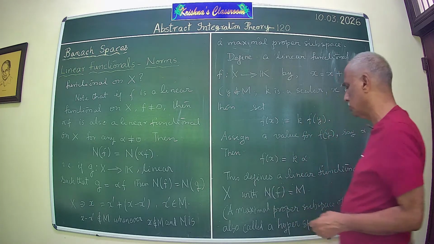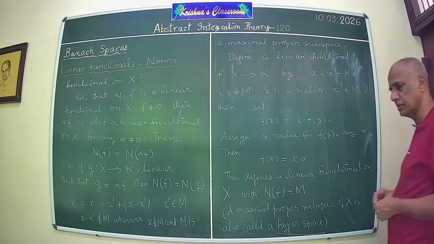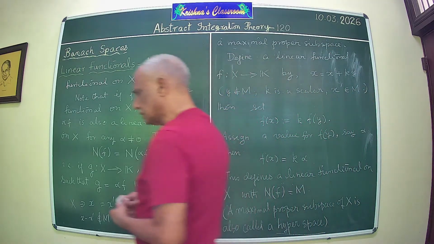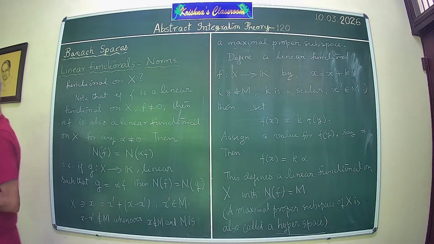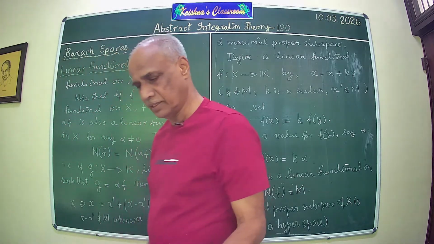So whenever we use the word hyperspace, it means a maximal proper subspace. That means the codimension of that subspace is equal to one. Okay, so that's the meaning of that.